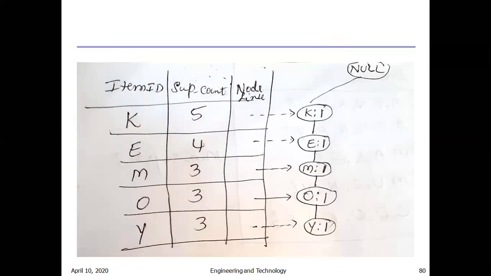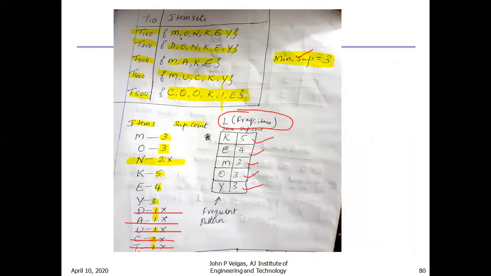So next, write this item ID and support count, whatever you have written. Now we need to draw a tree. This is called an FP tree. Now this FP tree can be drawn based on the transactions.